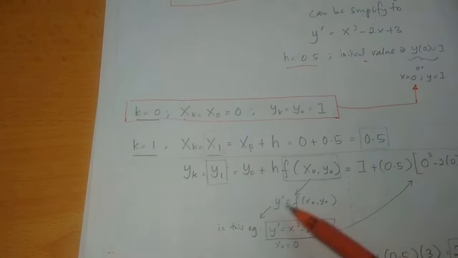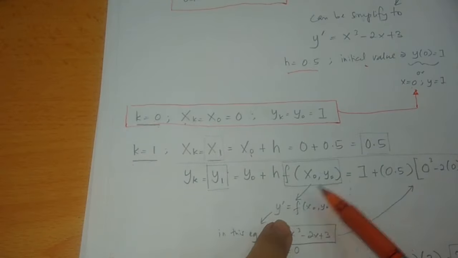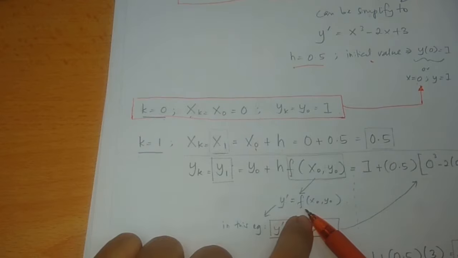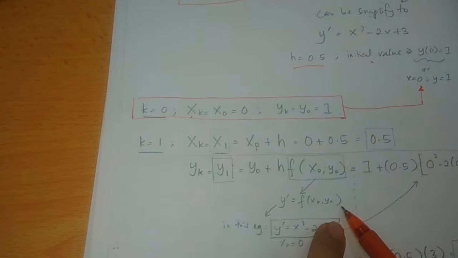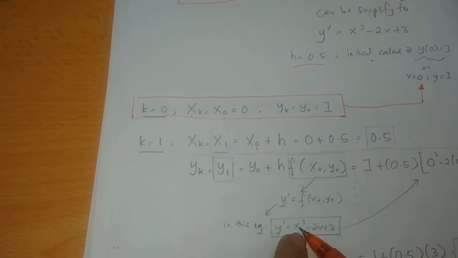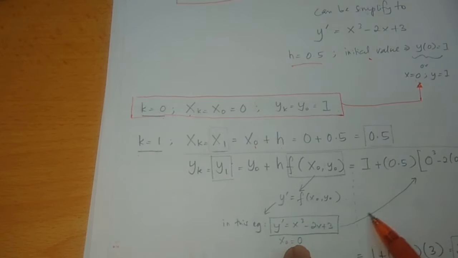Coming back to here, f(x0, y0) you can get from y prime equals f(x0, y0). In this example, our y prime is equal to x to the power of 3 minus 2x plus 3. So you are going to put in this whole value when x is equal to 0 in here.